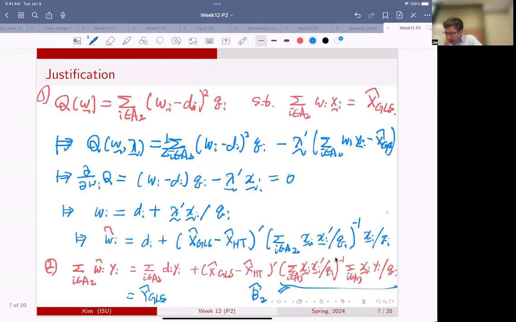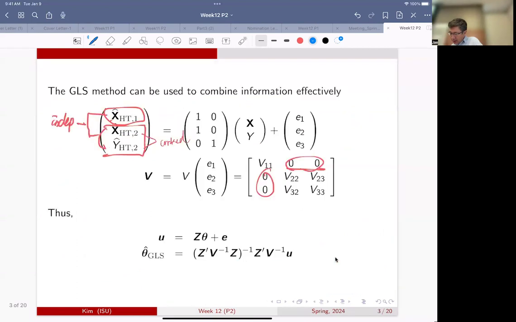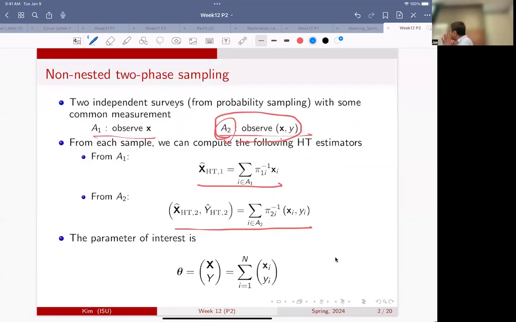And now, okay. By the way, any questions? Okay. So this is one topic, right? We have two non-nested, independent surveys, and they have a common measurement, and then we want to combine information and come up with the calibration weight that utilizes all available information.